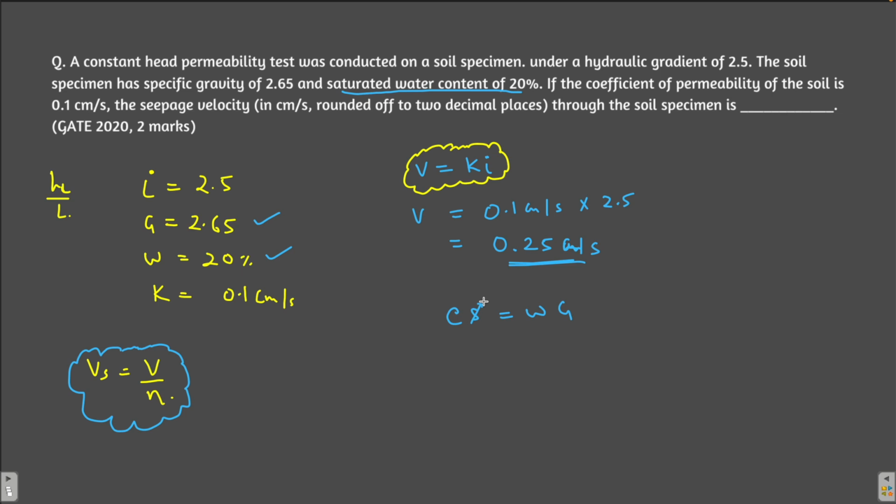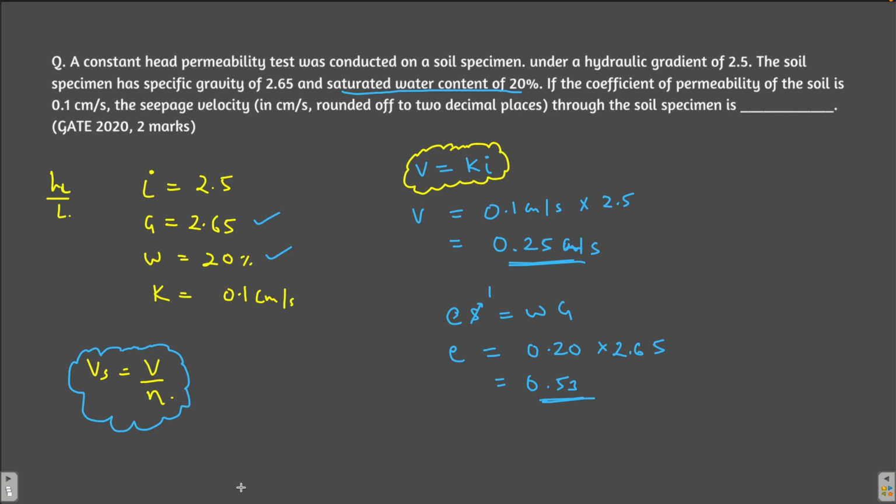Degree of saturation is 1 now. So we have to find out e. What is e now? e is equal to wG, right? So w is 0.20 and G is 2.65. Now, once we solve this, we are going to find out the value of e. 0.2 into 2.65 will give you 0.53, right? 0.53. This is the value of e.